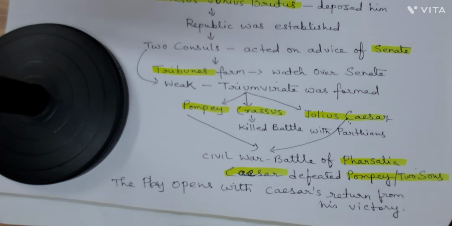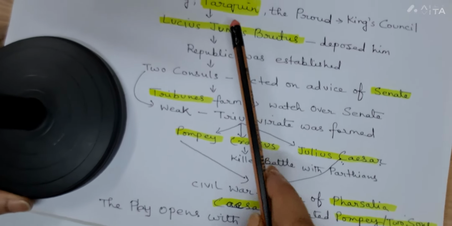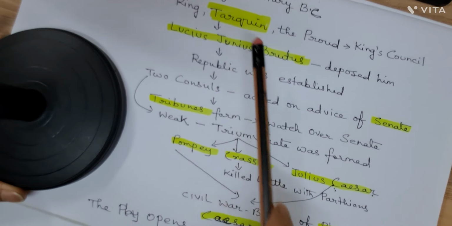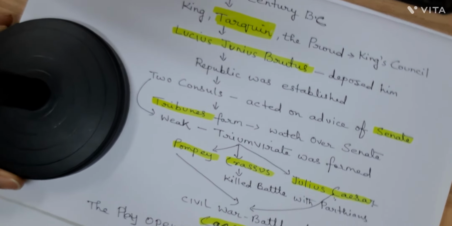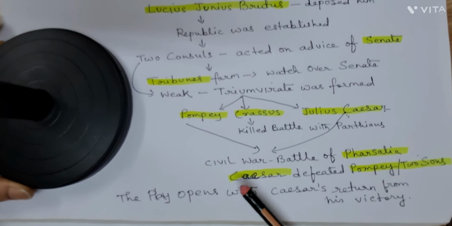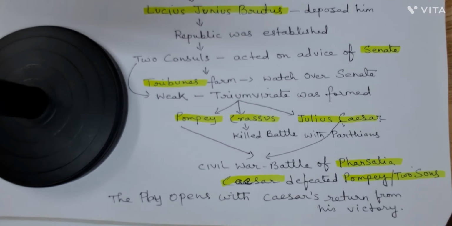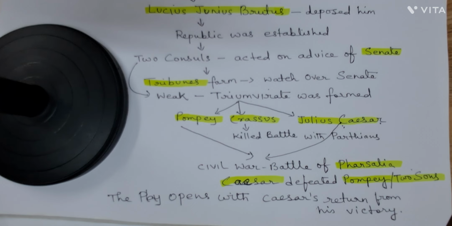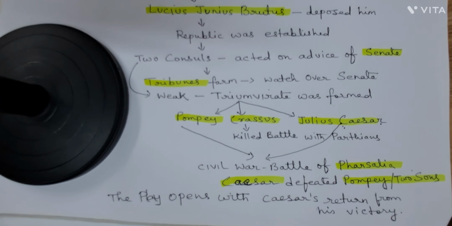Because Rome, as I have told you previously, I showed you this person, Tarquin, they were afraid that after coming to power, Caesar will also become a tyrant or an autocratic ruler like Tarquin.